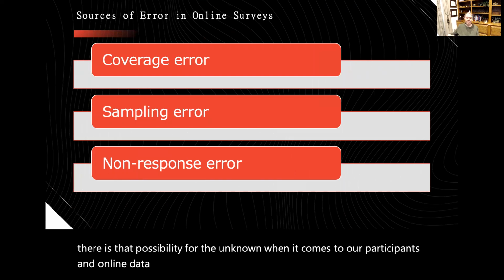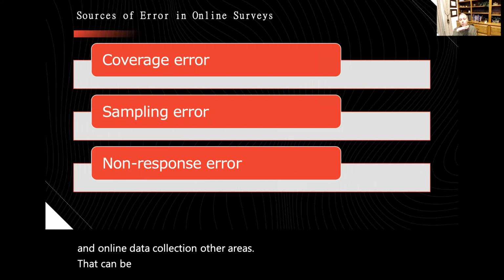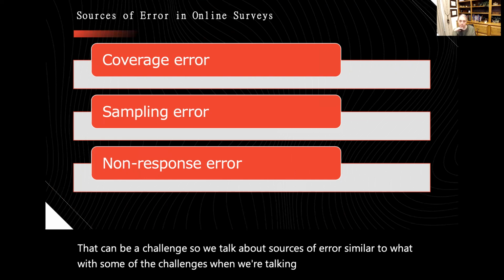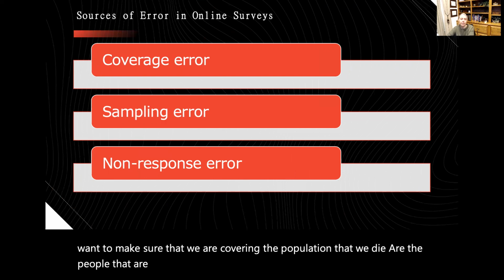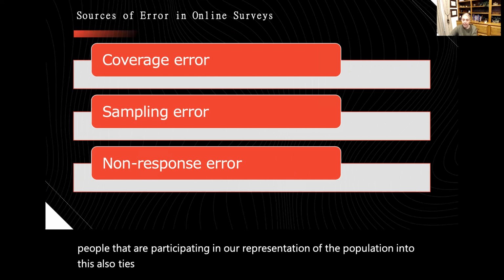Other areas that can be a challenge. When we talk about sources of error, similar to some of the challenges, when we're talking about coverage error, we want to make sure that we are covering the population that we desire, that the people participating are representative of the population. This also ties into sampling error.